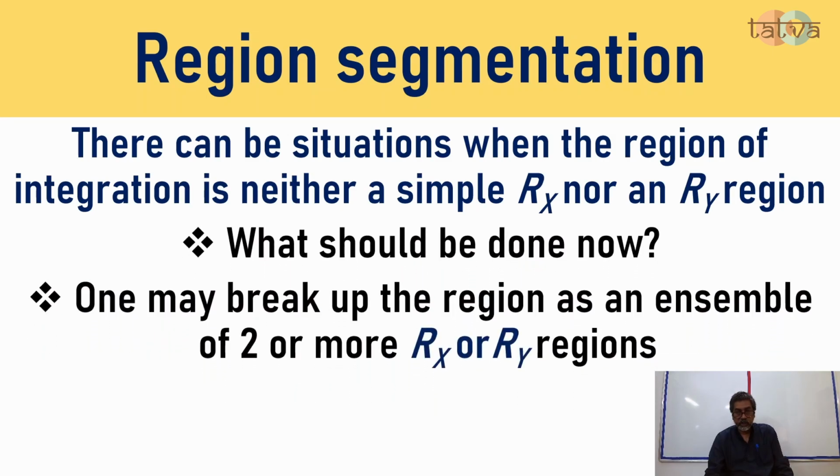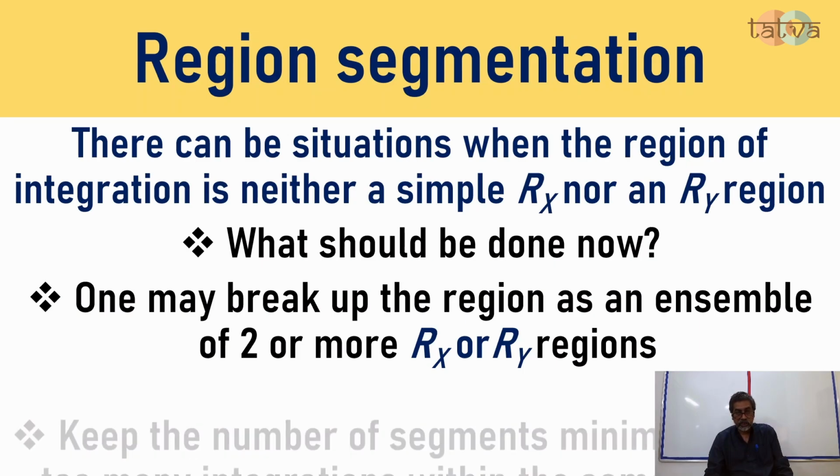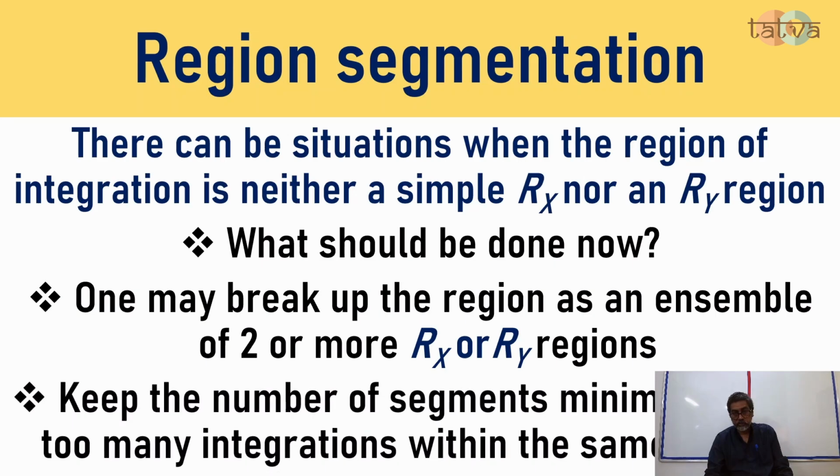So you may break up the region as an ensemble of two or more Rx or Ry regions. So you can break up according to your convenience. You make it 2 or more Rx regions or 2 or more Ry regions. But if you apply common sense, you must keep the number of segments minimal, because the more the number of segments, there will be so many integrations you'll have to perform within the same problem. So be wise to consider only that format where the number of segments is less.